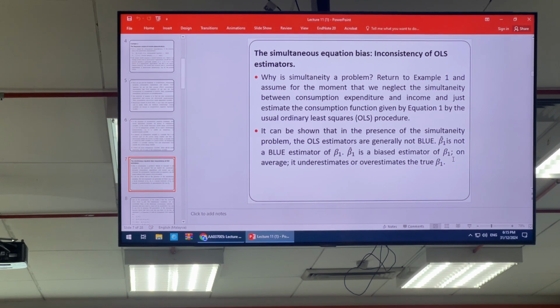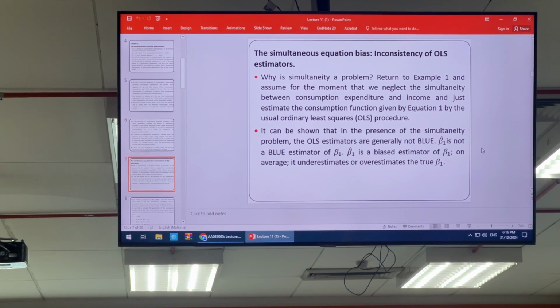On average, it underestimates or overestimates the true value of the parameter beta 1. Meaning that if you use OLS to estimate a simultaneous equation, then you have a biased estimate of the parameter.